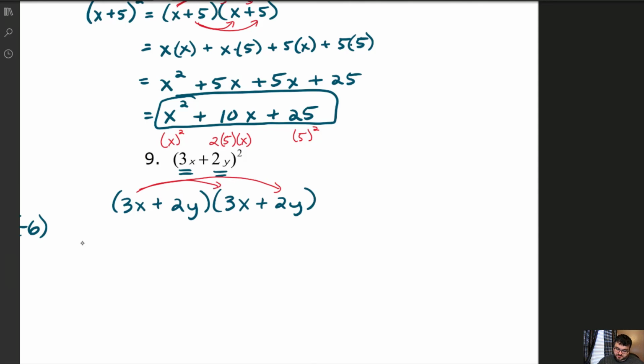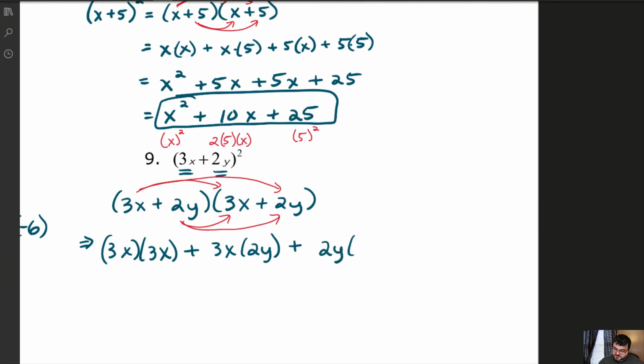So that'll be 3x times 3x, and then plus 3x times 2y. Okay, and then plus. Okay, now I want to distribute that 2y to both of those terms. So that'll be 2y times 3x, and then a 2y times a 2y.